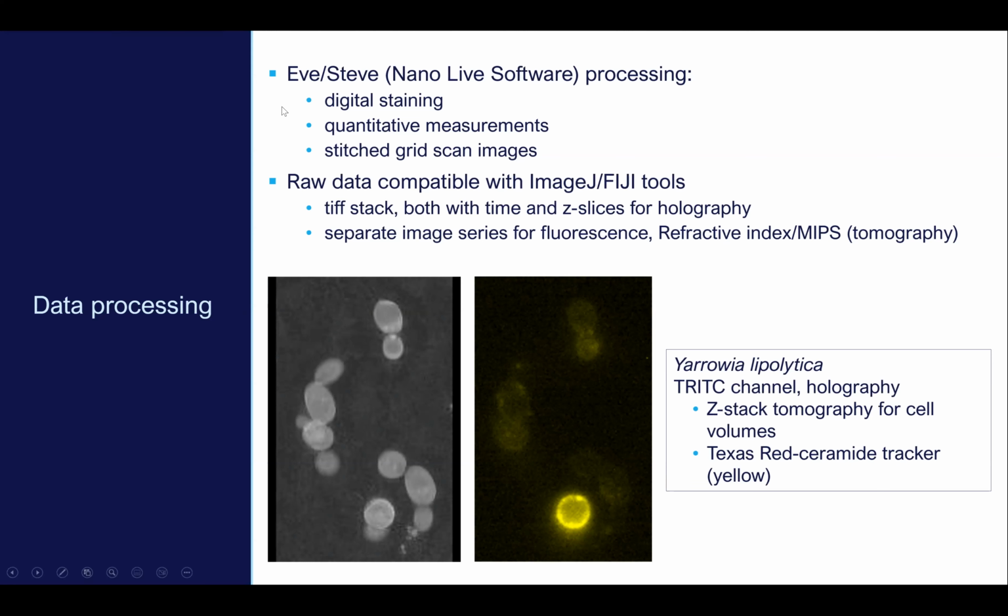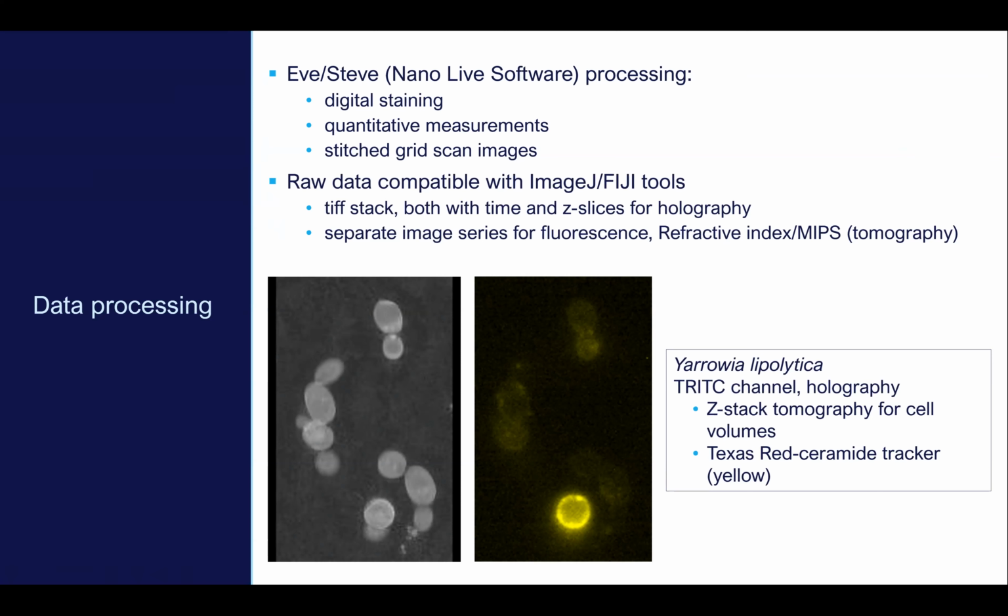The platform will allow you to make quantitative measurements, and it also provides stitched grid scan images. So instead of looking at single grid scans, you can look at a set of up to 10 by 10 grid scan images. The raw data is also compatible with ImageJ and Fiji.